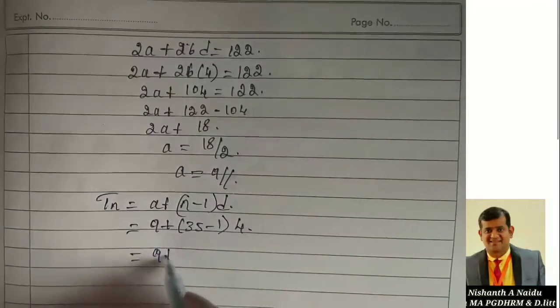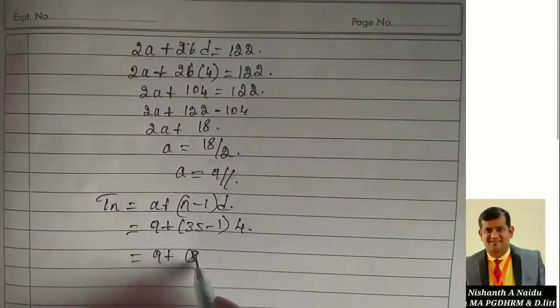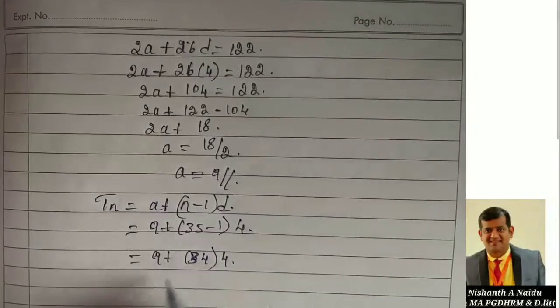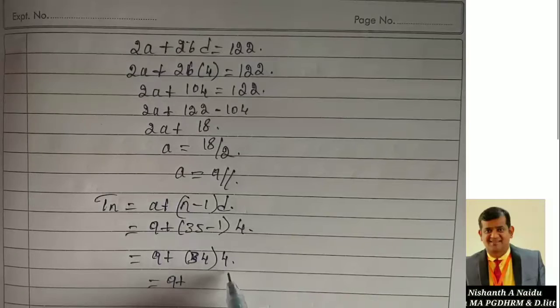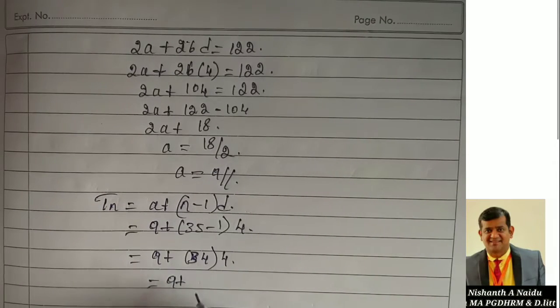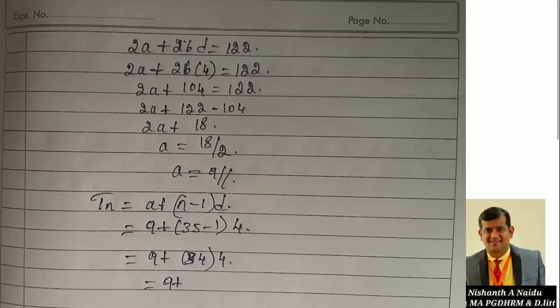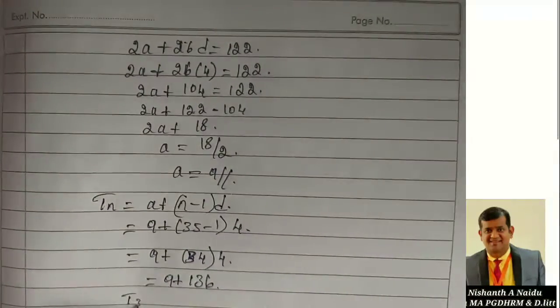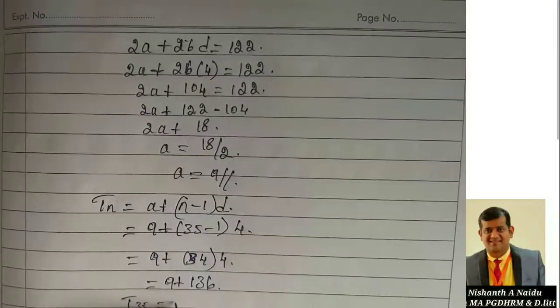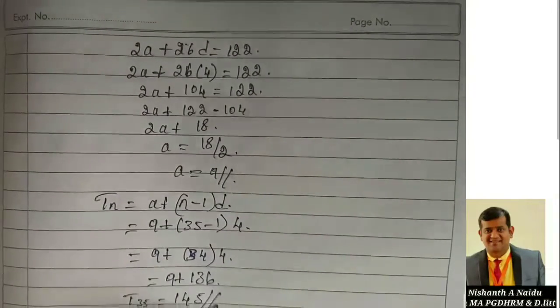So that is 9 plus 34 into 4. Use the calculator. 34 into 4 is 136. So T35 equals 145 is the answer.